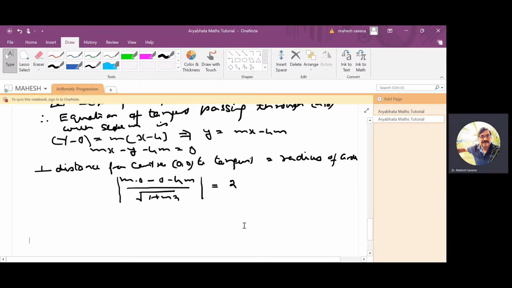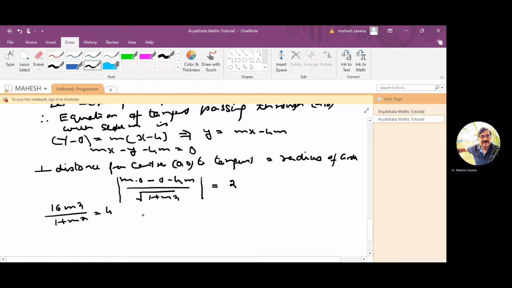By squaring both sides, we will get 16m square upon 1 plus m square is equal to 4. By cross multiplying, 16m square is equal to 4 plus 4m square.